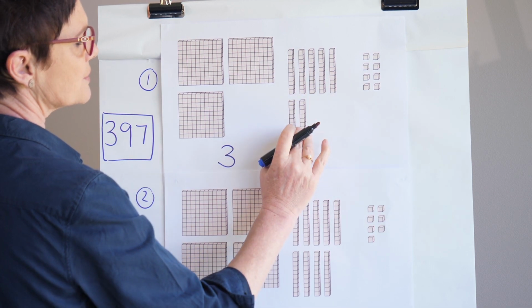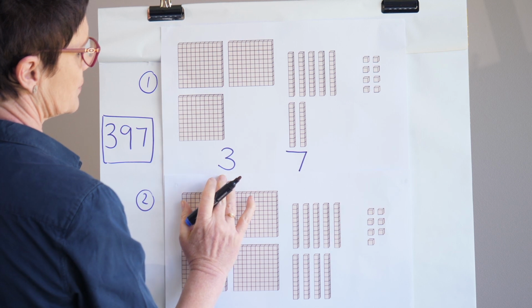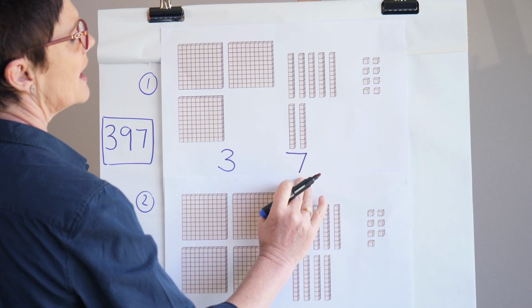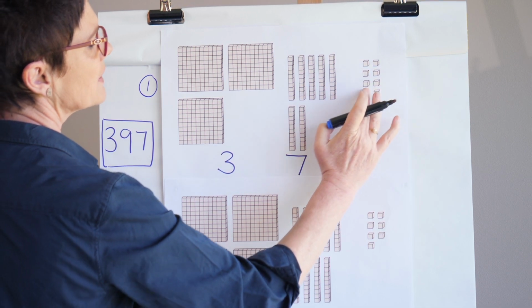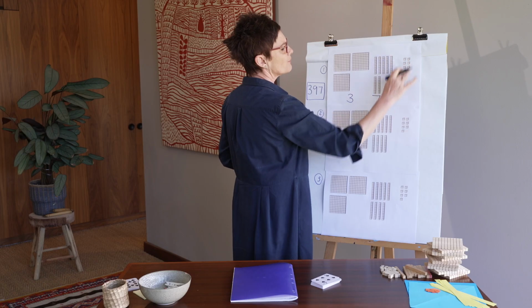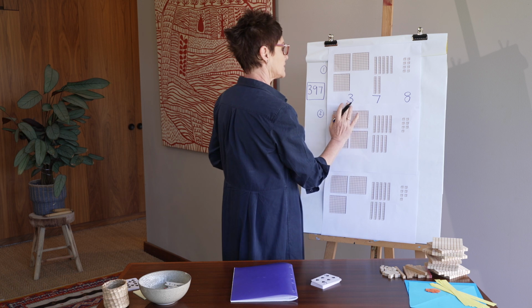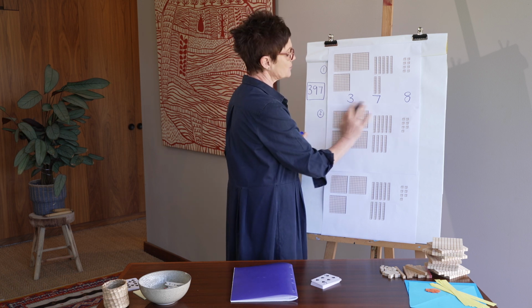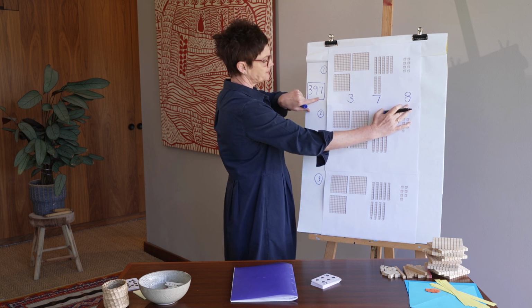A 5 and a 2 makes 7. 300, 7 tens, and 2, 4, 6, 8, or 4 and 4. Remember our doubles? 8. Well done. Okay, this number is 378. It's not Nada's number.